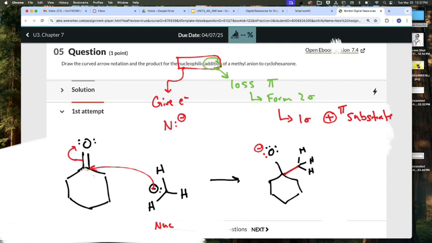Does it make sense? Well, if I add a negative thing to a structure, what should happen to its charge? It should become negative. And if I add a positive thing to a structure, it should become positively charged. So it internally checks out within those systems. Does that make sense? Questions?